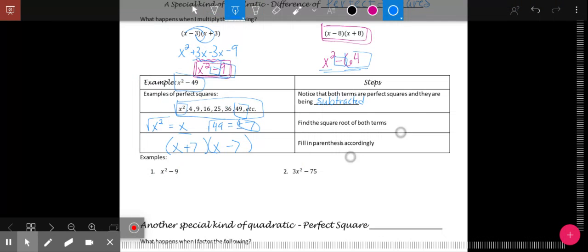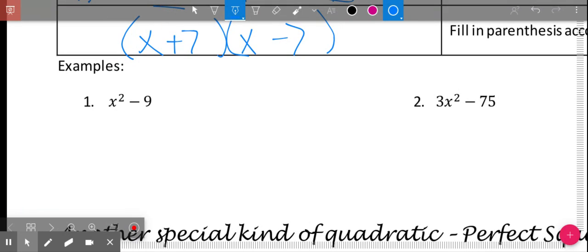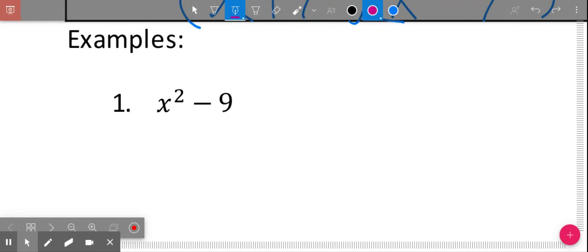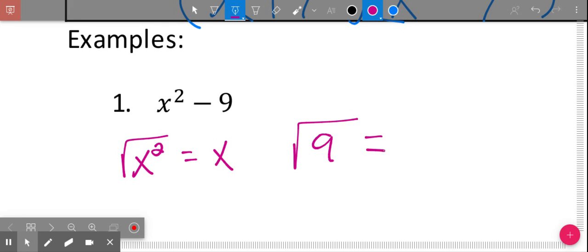Pretty straightforward process. So looking at the next one, okay, we have x squared minus 9. Okay, both of these are perfect squares, and they are being subtracted. We see that in the middle. Okay, so for this one, we're going to go ahead and just take the square roots of both terms. The square root of x squared is just x. The square root of 9 is plus or minus 3.